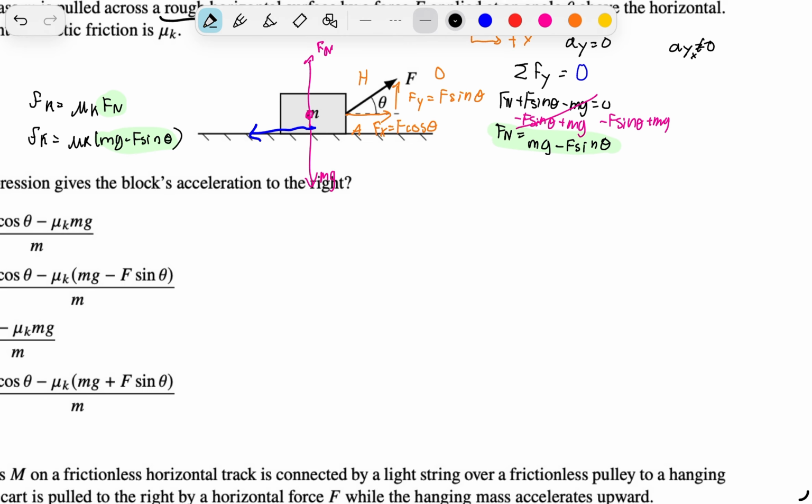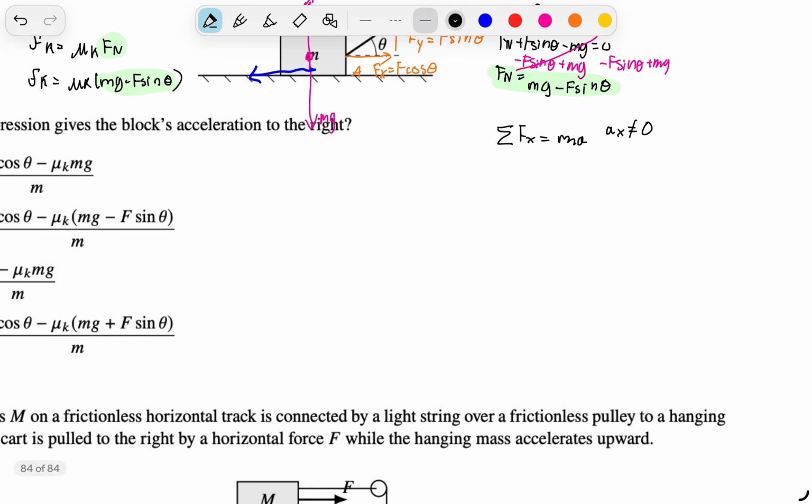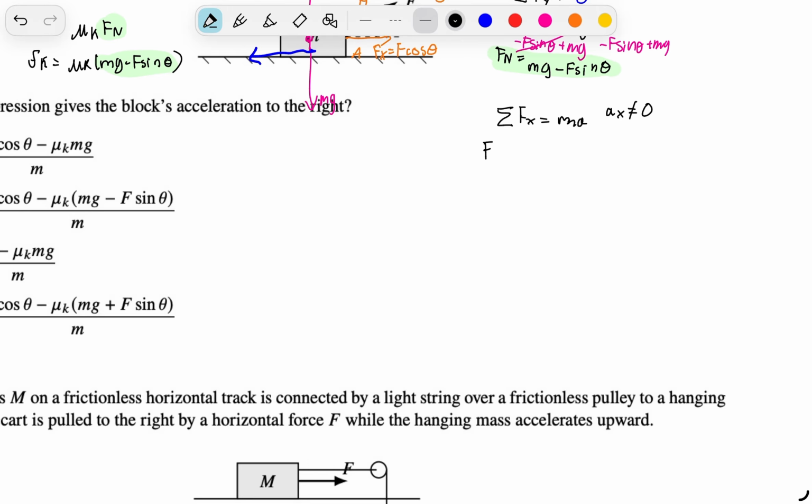So then for our horizontal forces, Fx is equal to ma, because ax does not equal 0. In the positive direction you have F cosine of theta, and in the negative direction you have Fk, all equal to ma.